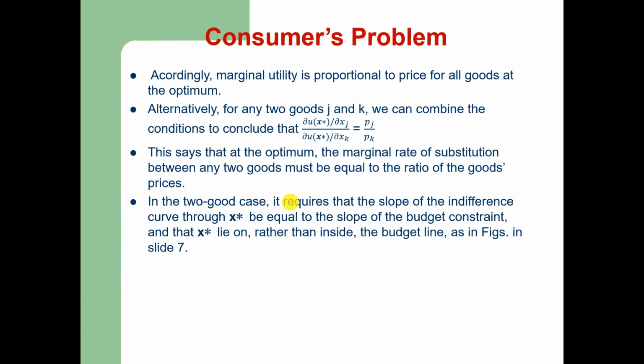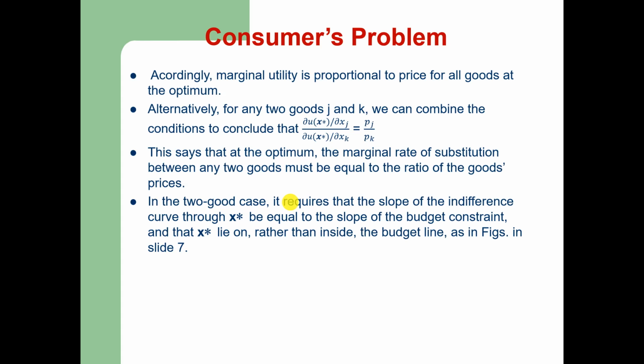Finally, the marginal utility is proportional to price for all goods at the optimum. Alternatively, we can say for any two goods j and k, we can combine the conditions to conclude that the partial derivative of the utility at the optimum with respect to xj divided by the partial derivative of utility at the optimum with respect to xk is equal to the ratio of the prices, price of good j divided by price of k.